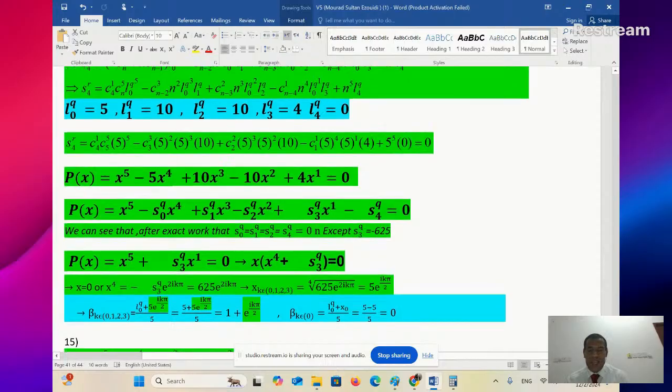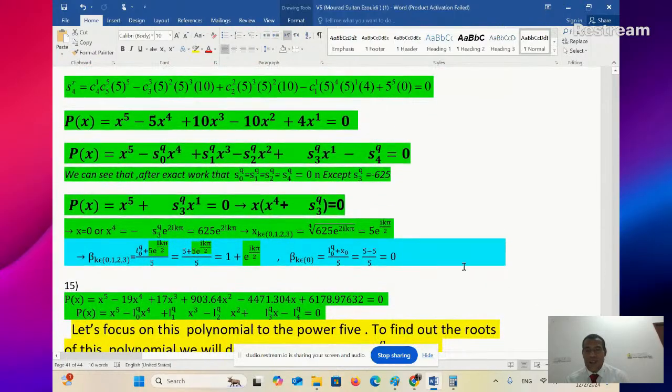Now we find the x roots of this new fifth degree polynomial equation when making the extension. So I will just write beta k subscript k from 0 to 3 is the fourth root of 625 plus 5 times this, divided by 5. The fourth root is 5.